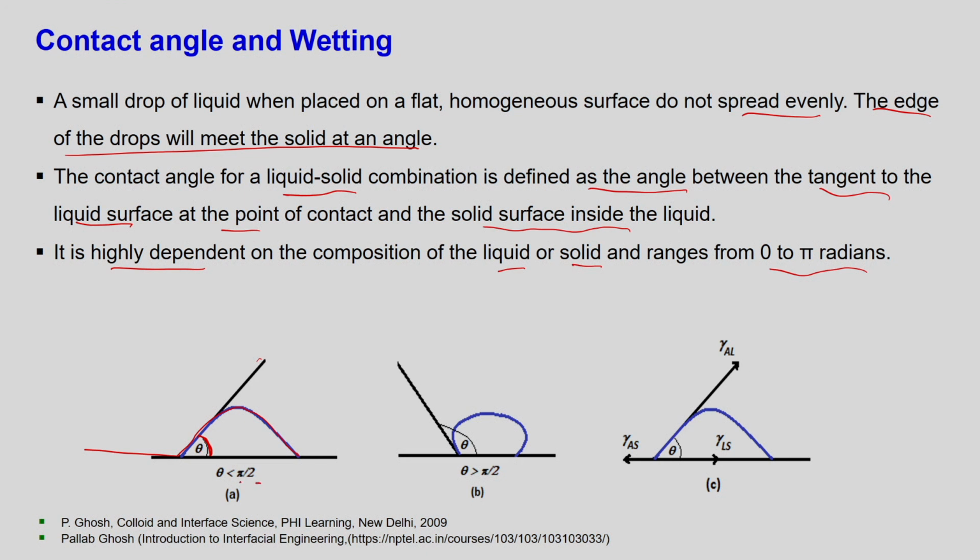So, it means the contact angle is less than 90, so you can say it is a bit hydrophilic. It tries to stay, or it is attracted to the surface. Now, see this one, it is comparatively spread out; here it is not spread out, it is somewhat oblique. If you draw an angle like this, it is theta. So, this is theta greater than pi by 2, so it is a hydrophobic surface, fine.